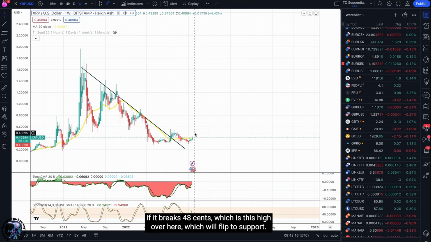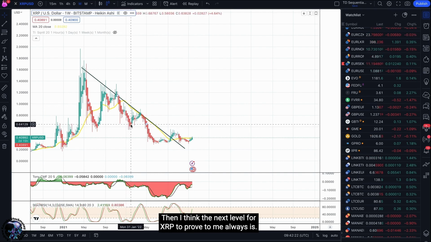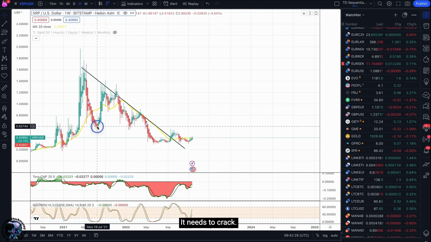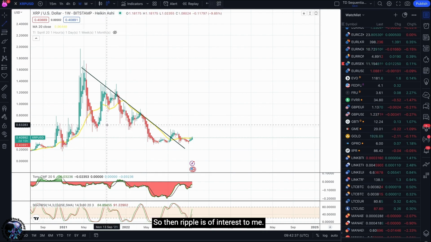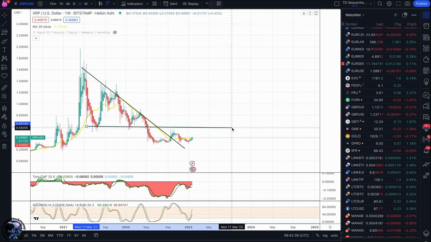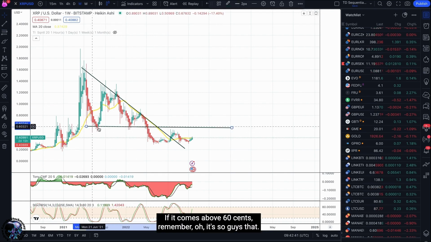If it breaks 48 cents, which is this high over here, which will flip to support, then the next level for Ripple to prove to me is that it needs to break through previous levels of support, which have now flipped to resistance. So then Ripple is of interest to me, definitely, if it comes above 60 cents.